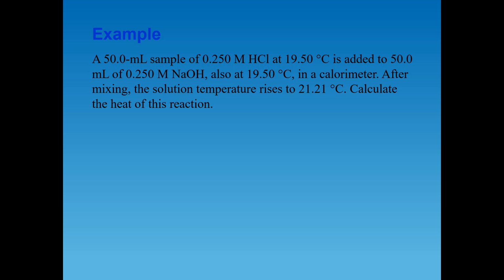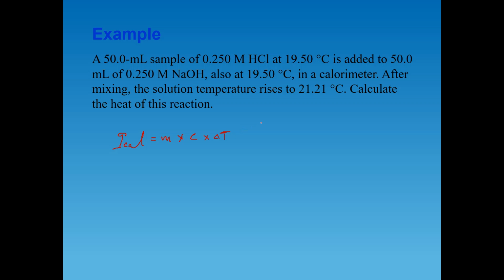Let me bring up the pen. Q of the calorimeter will be equal to the mass of the solution times C of the solution times the change in temperature. In this case, we can make some approximations, which are very good approximations.